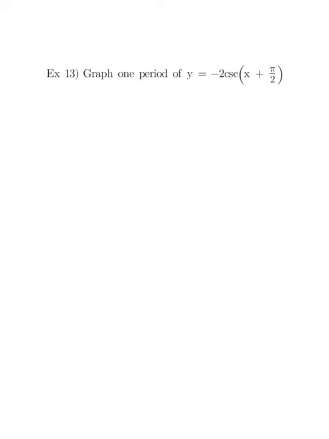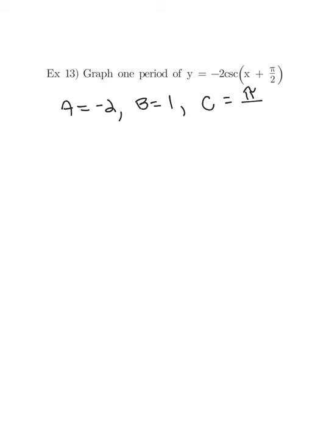On example 13, we are asked to graph one period of y equals -2 times the cosecant of the quantity x plus pi over 2. In this case, our A is -2, our b is 1, and we do have a c this time.